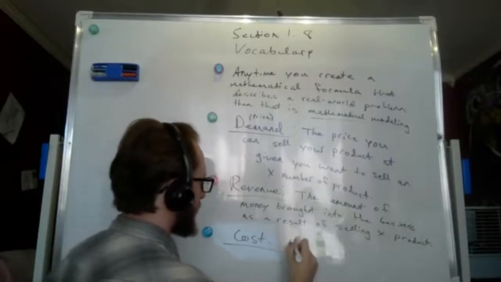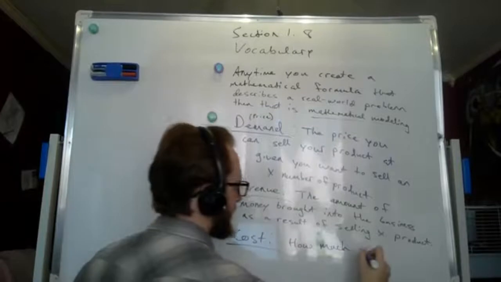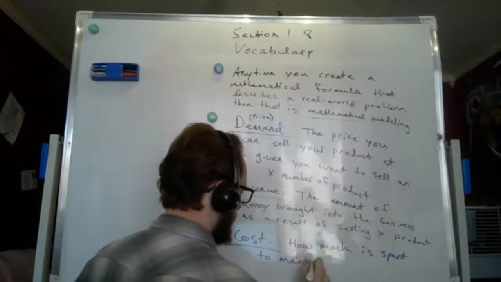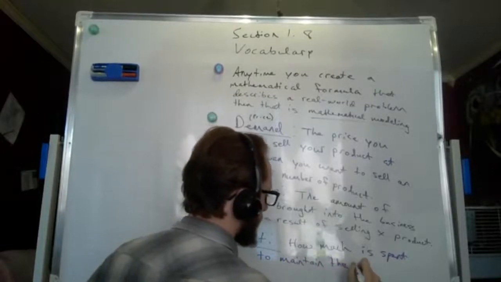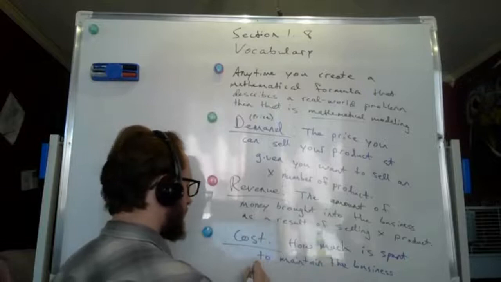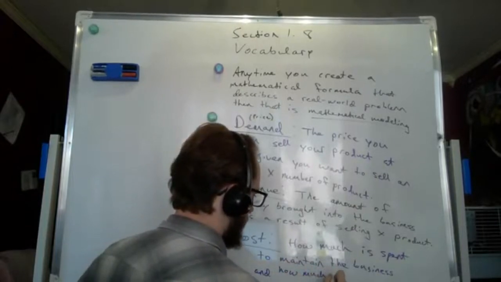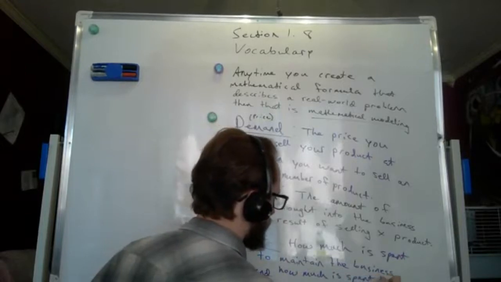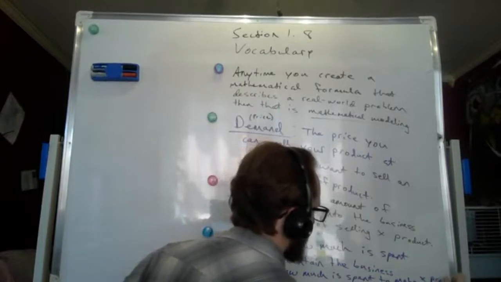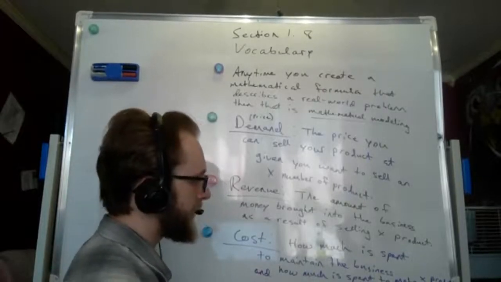So cost is how much is spent to not only maintain the business, how much is spent to maintain the business, and how much is spent to make X product. I'm running out of space here.